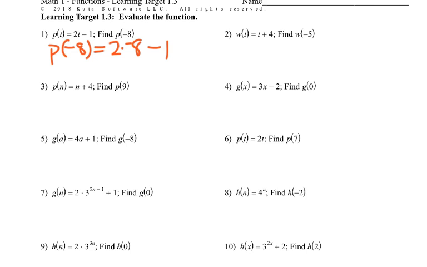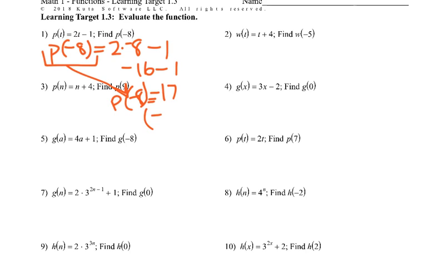So 2 times negative 8 is negative 16 minus 1 gives us negative 17. Now the way we like to write the answer is to then take this and stick it down here, so I have p of negative 8 equals negative 17. You could write it if you wanted to as a point, but I'm okay if we just leave it like that. Okay, so that's all there is to it.